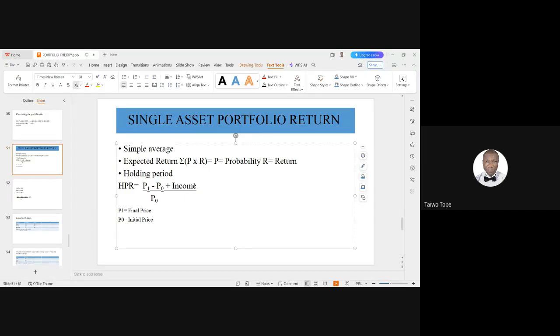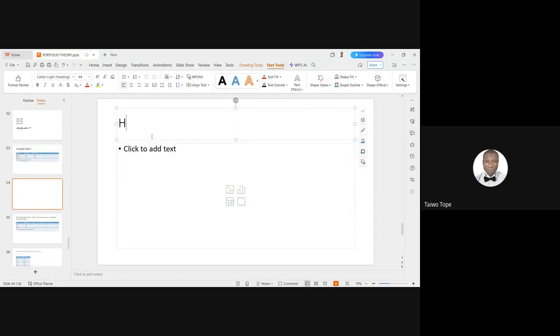So where the question gives you return in form of income or dividend, you add to the numerator. Where it is not given, you ignore and solve using these variables only. There's another way you can put this, but let's go with this for now. For example, for the holding period return, you can have information such as bought shares.